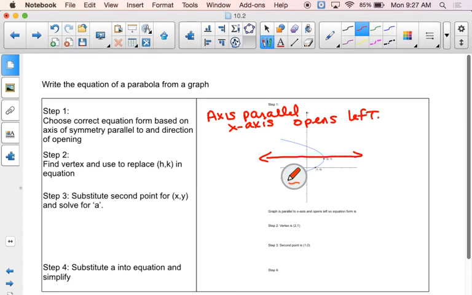Okay, that means, looking back at my chart, that I have y minus k squared is equal to negative 4a times x minus h. Now step 2 is to find my vertex and use it to replace the h and k in the equation. Well, my vertex is here, so 2, 1.